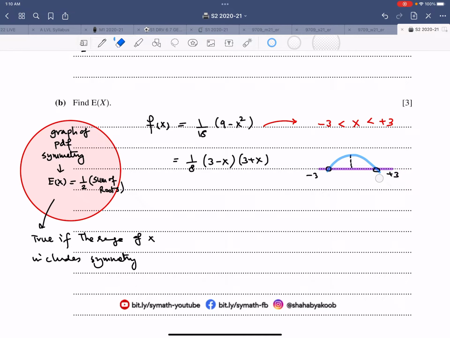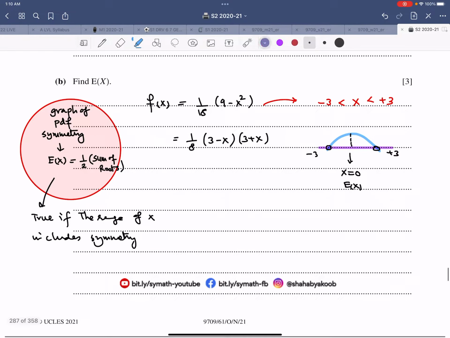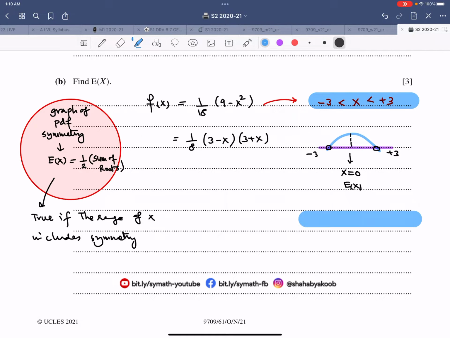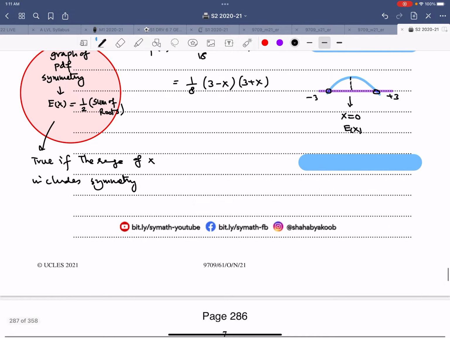So therefore, in this scenario, this mid value would be the expectation of x. But that's not the case. This is if the range was between -3 and 3. But now the range is between 0 and 3. So it's just a little bit of the graph. So therefore, expectation of x does not equal 0 because there is no symmetry in this one.